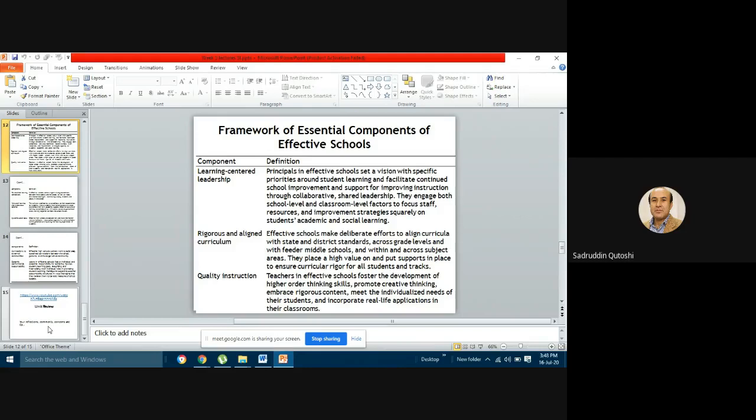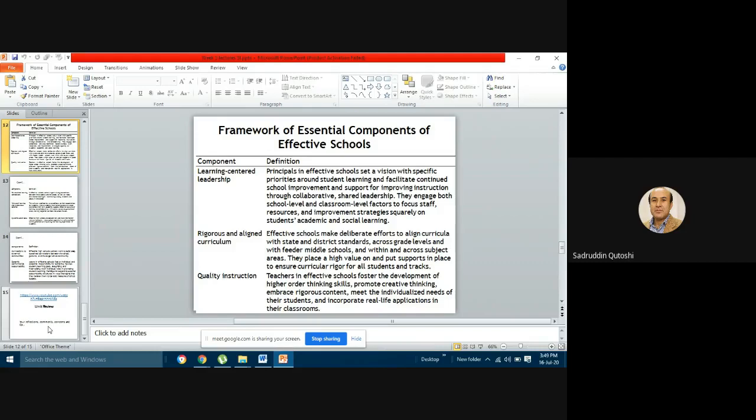How to train your teachers, how to train your principal, so that those principals and those teachers should understand learning center leadership skills at school level, at classroom level, in order to ensure student centered learning activities, student centered teaching in the classroom, so that the students participate in their teaching, get engaged, collaborate, learn from each other, learn from teacher, and share their learning with the teachers, so that a collaborative learning environment is created in their classrooms and in the school.